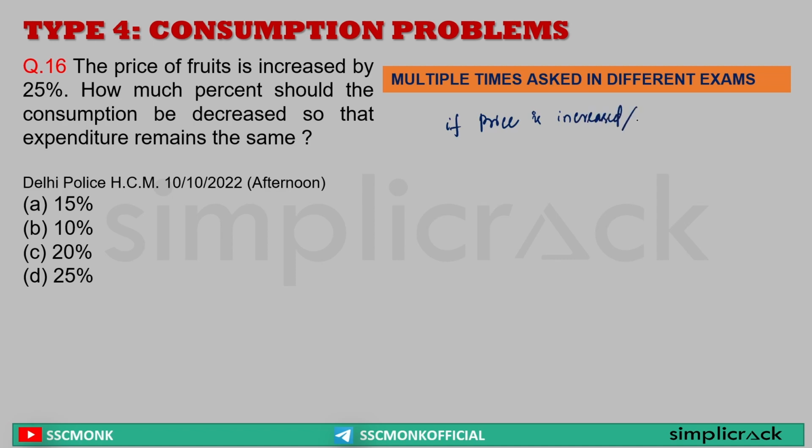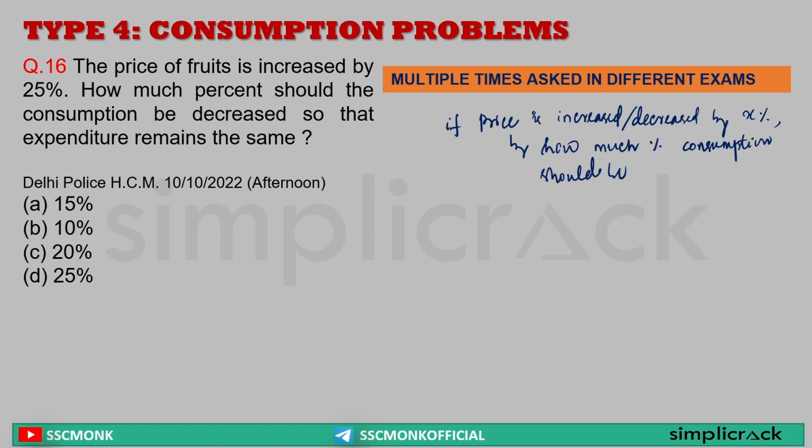Plus. Or price is decreased by X percentage, by how much percentage should consumption be changed? See, if price is increased, then consumption has to decrease to keep the expenditure same.